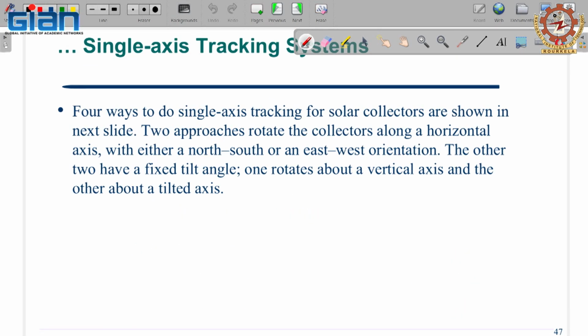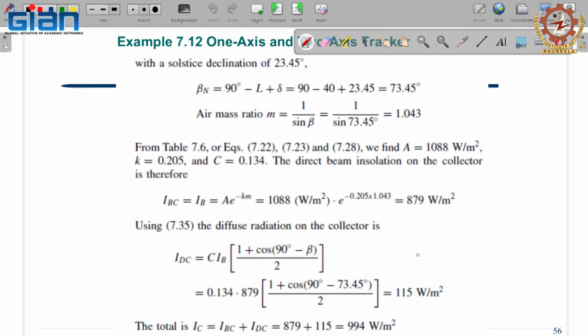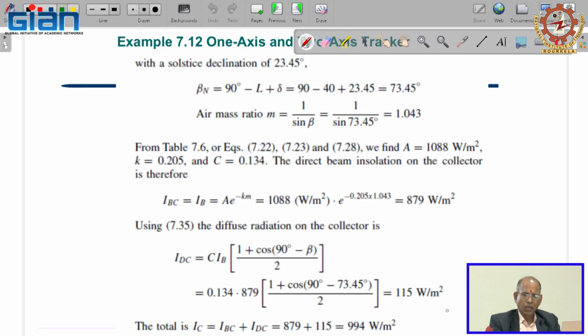If you use the one axis tracking system, it gives you IBC 879, and then diffuse 115. Even the reflected is neglected. So one axis gives you 994 watt per meter square.